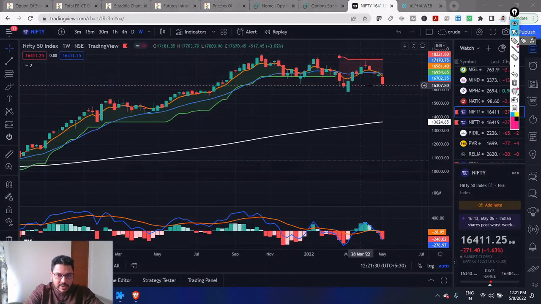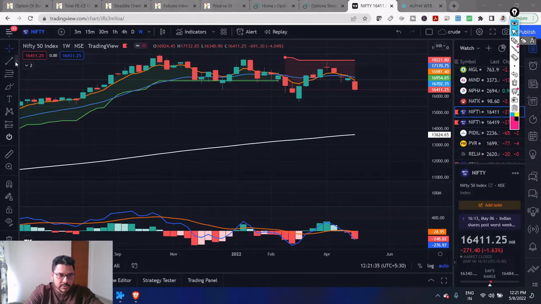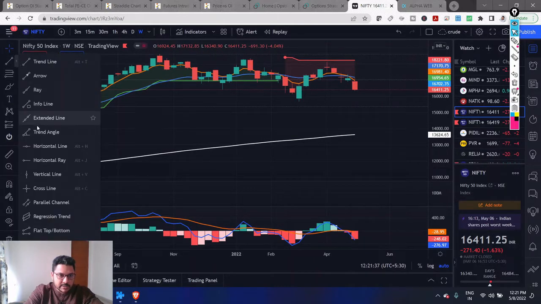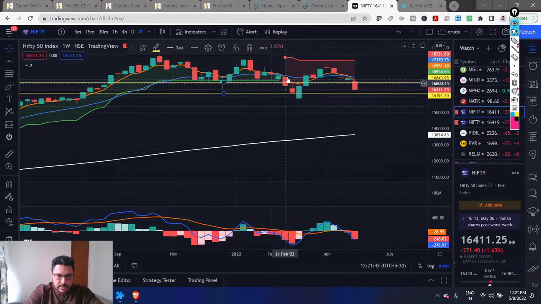On the weekly time frame, you are definitely seeing a bearish trend, but you also need to understand that this is a 50% candle. These two candles are 50% candles, and the market will take support at this level.